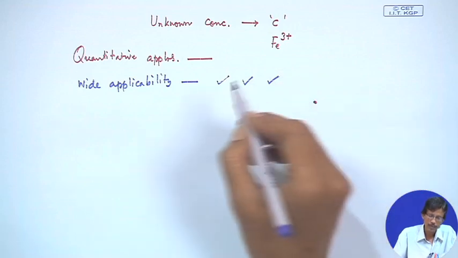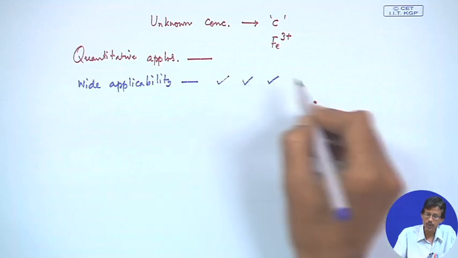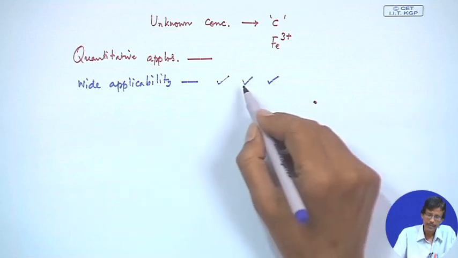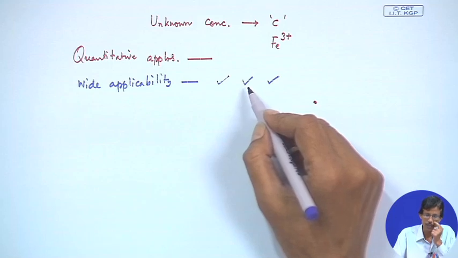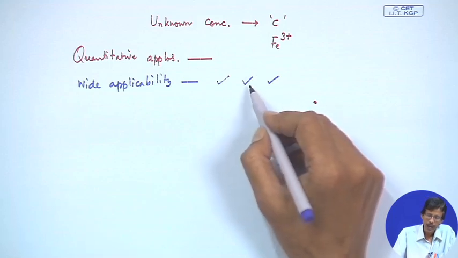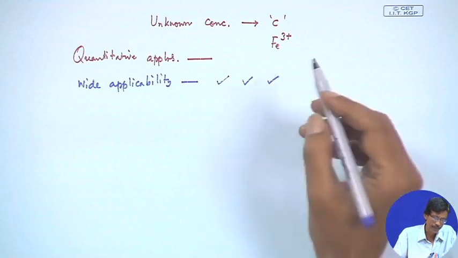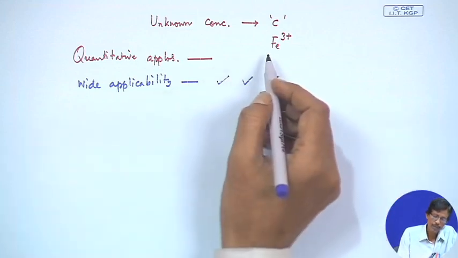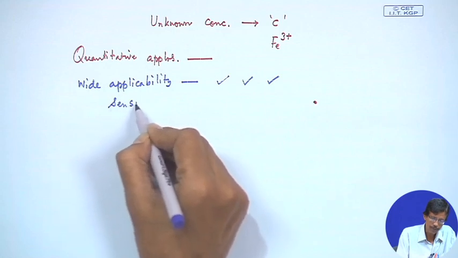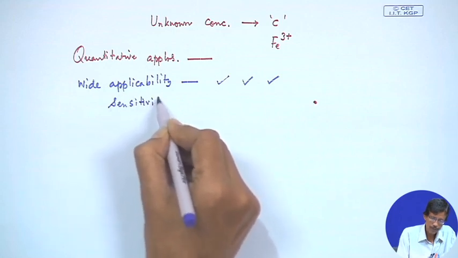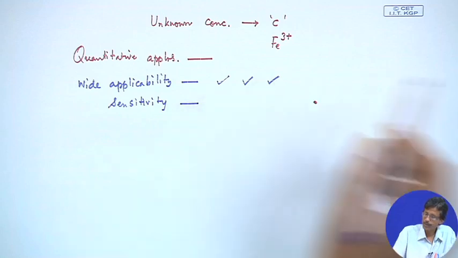For species from beta carotene to hemoglobin, we can analyze any materials, even very sophisticated metal containing species, from computer components to alloys and ores. And when the epsilon values are very high, we can talk about the sensitivity, how sensitive the method is.